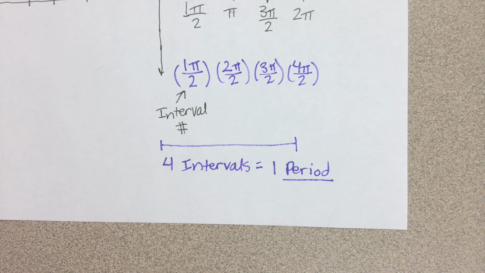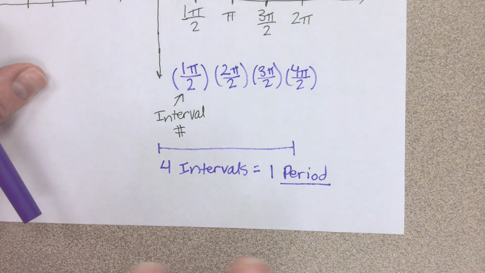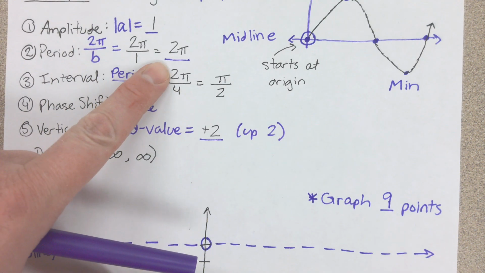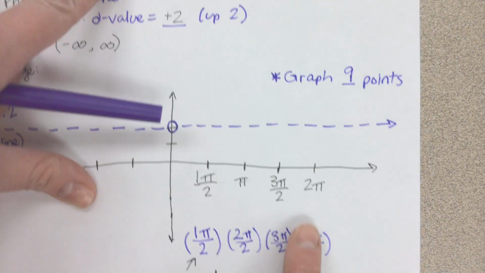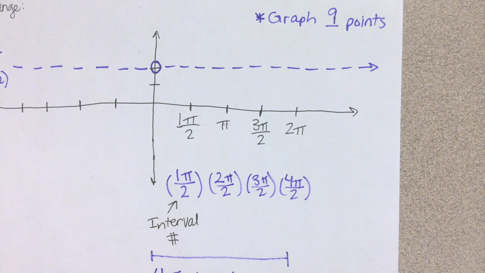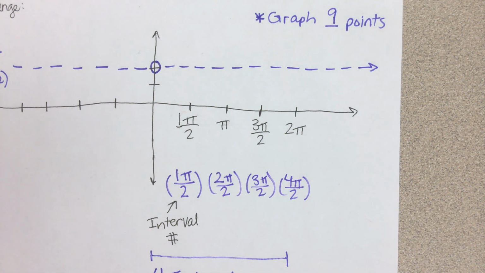There's a lot of connections to be made here, and you'll pick up on them as we go. But one thing to notice, you know you're on the right track when the last number in your interval matches the period. That should be the end of that curve. So if I didn't end with 2 pi, I ended with something else, I either went too far or not far enough. So if I go 4 out, it should end with that period number.